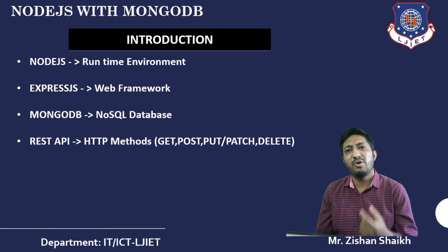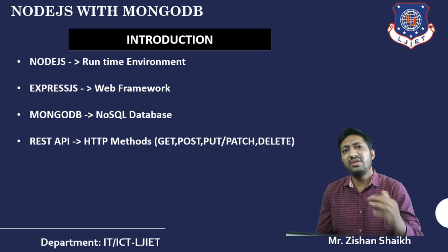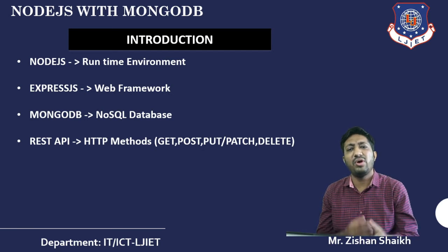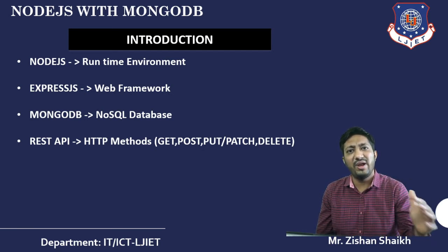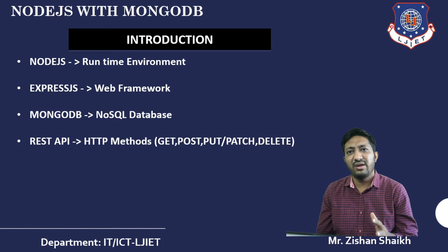What exactly is the put method doing here? The put method changes all the content of a particular row in the database. For example, if your row has first name, last name, and mobile number, three attributes, and you update anything using put, all the attributes are updated.